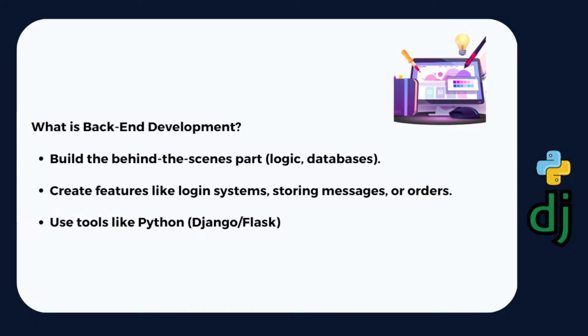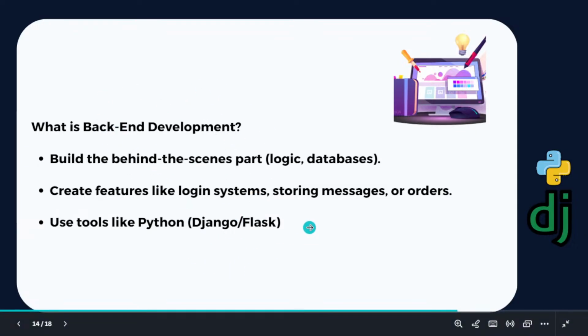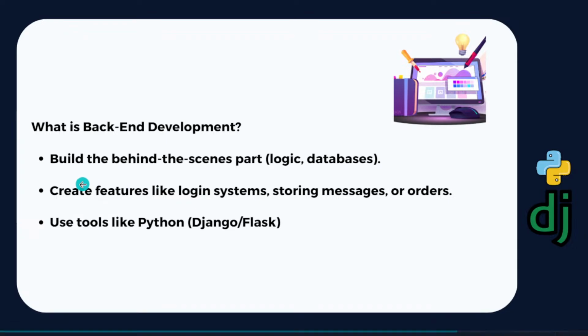Based on the request we suggest some hotels. This is one process of the website. Based on our website structure, we need to mention what features we need, like login system, storing messages and orders.